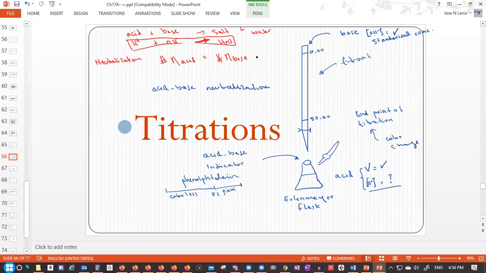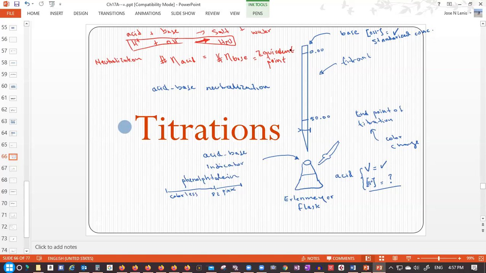And this is called the equivalent point of the neutralization. So the equivalent point is exactly when the number of moles of the acid equals the number of moles of the base, and that's the neutralization. The acid has been neutralized by the base. Or you can say the base has been neutralized completely by the acid.